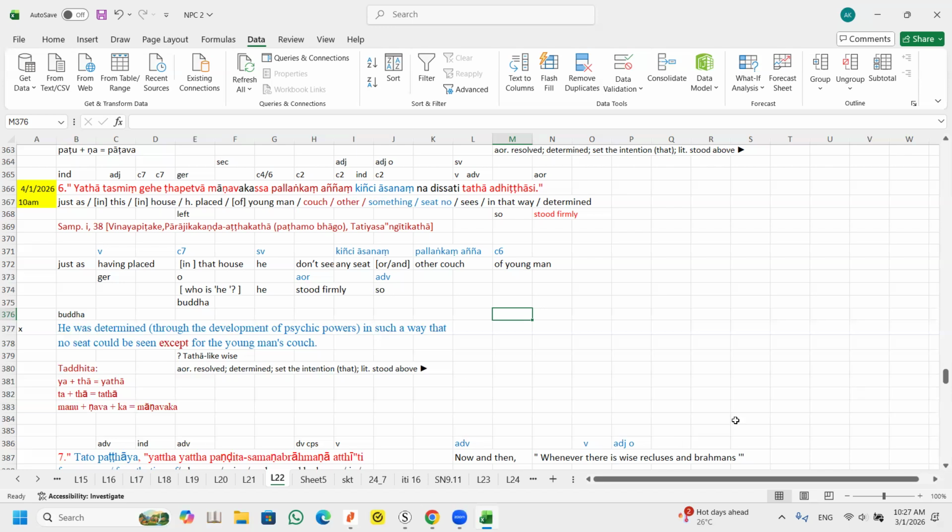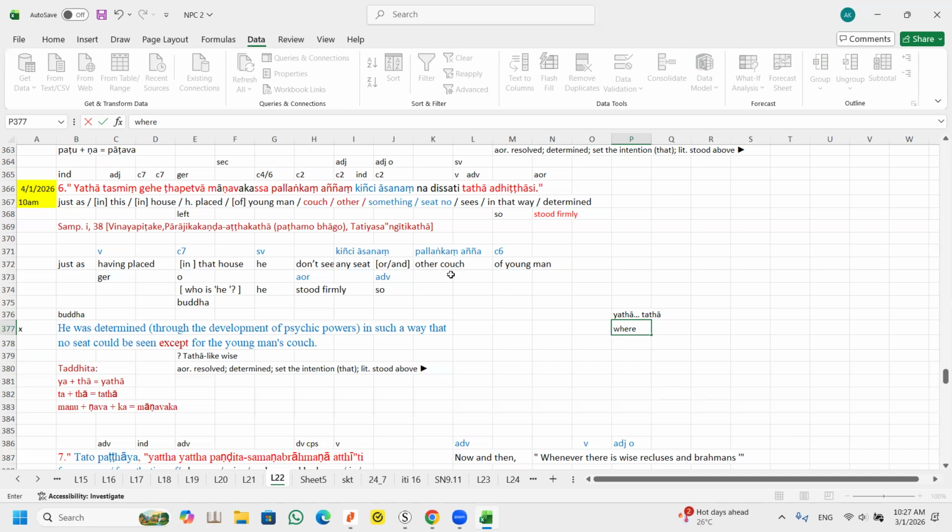If you take the normal translation, in yata, here is where. So you need an object. Okay, where, this is where. So the object is, can you see this?